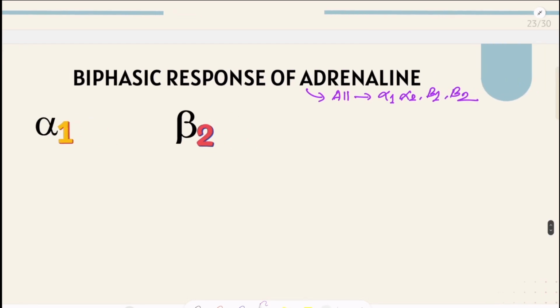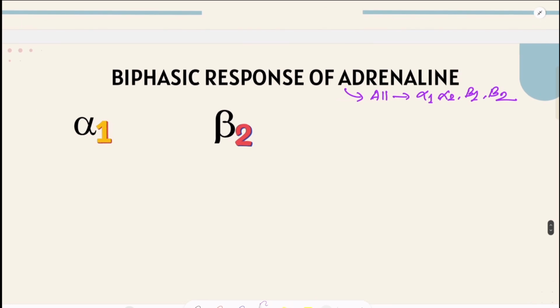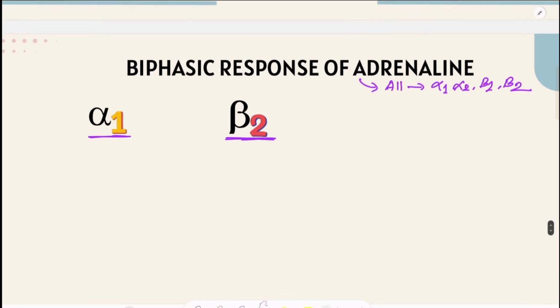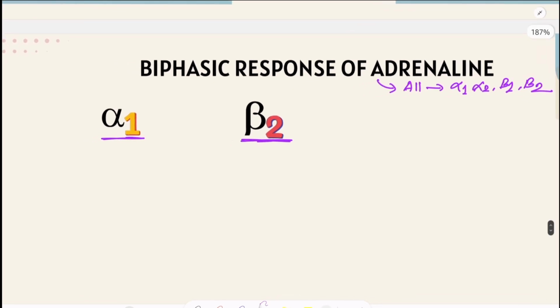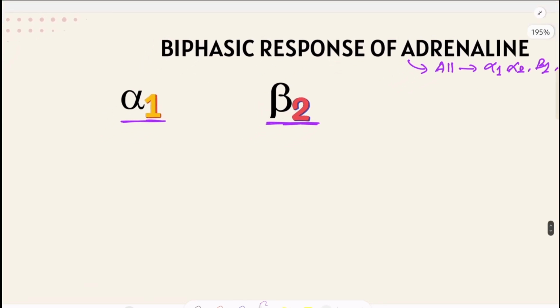And on blood vessels, we know that we have alpha 1 and beta 2 receptors from the ABCD mnemonic. So what actually happens when adrenaline acts on alpha 1 and beta 2 receptors? For this, we need to know a few characteristics of both receptors.